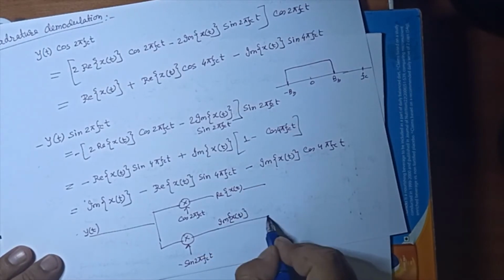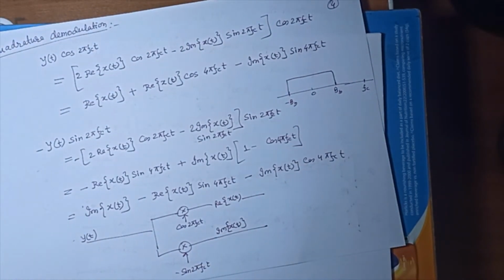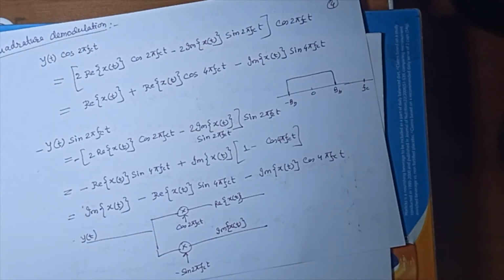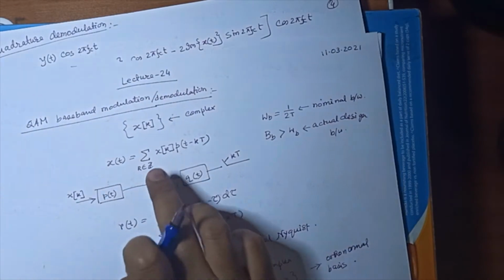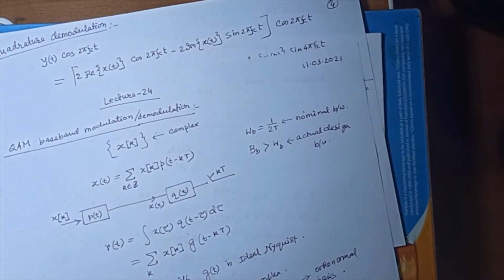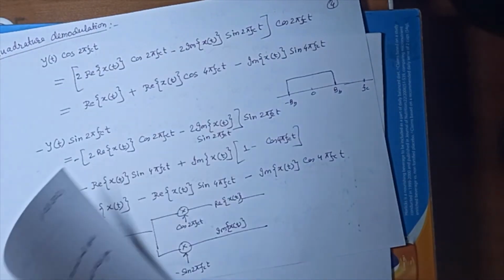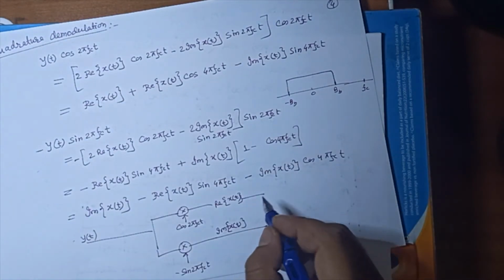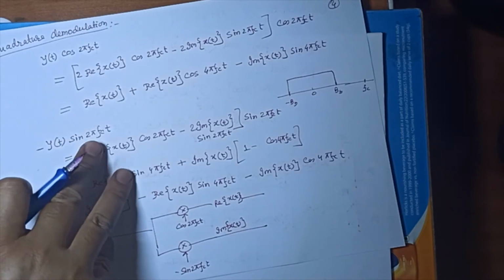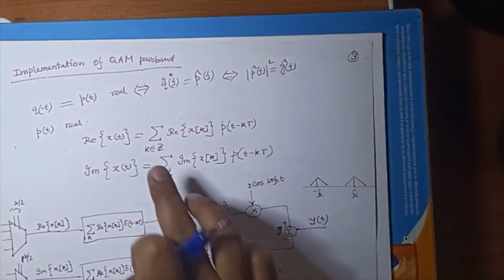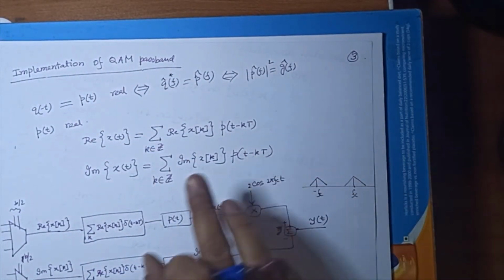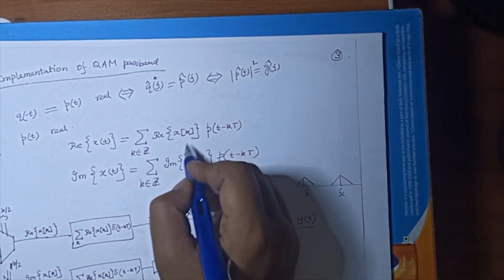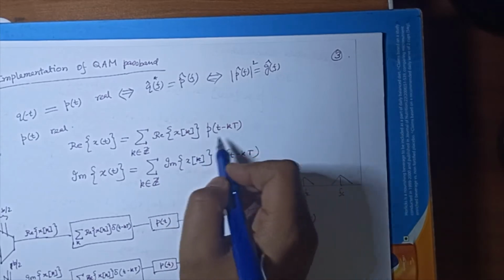And from there, you have to take out the real of xt, which is the real of xk into p t minus kt. After getting this, it is nothing but some real number multiplied with the real pulse.